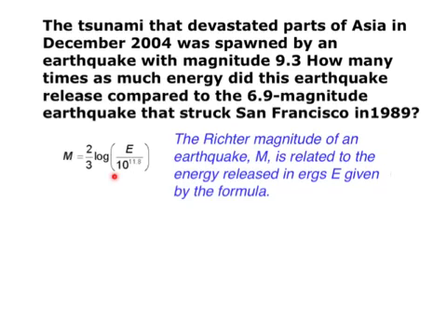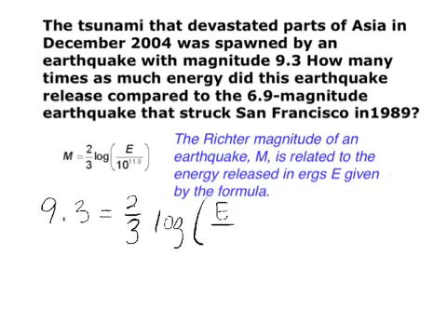The Richter magnitude of an earthquake M is related to the energy released in ergs, E, given by the formula. We know that 9.3 was that earthquake in 2004. It's equal to 2/3 log of E over 10 to the 11.8 power.